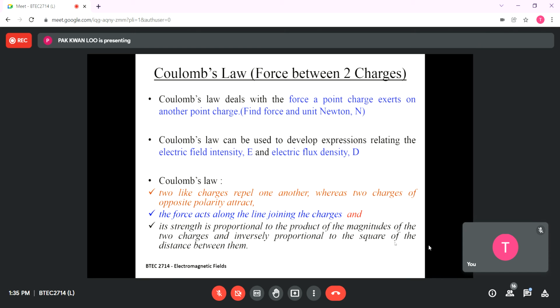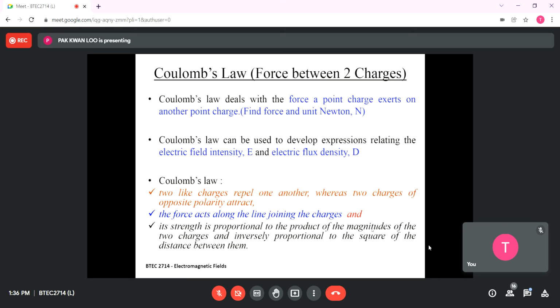So Coulomb's law deals with the force between 2 point charges.